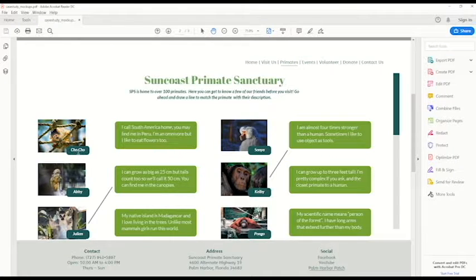Ideally, when someone hovers over the primates' names, the card should flip, and it should tell you what kind of primate it is. So Chocho is a spider monkey, and if you hover over Chocho, spider monkey would show up, and then you match the spider monkey Chocho to the fact that correlates with his species.